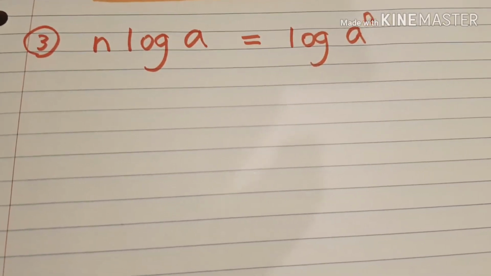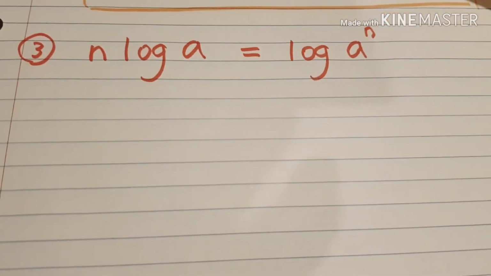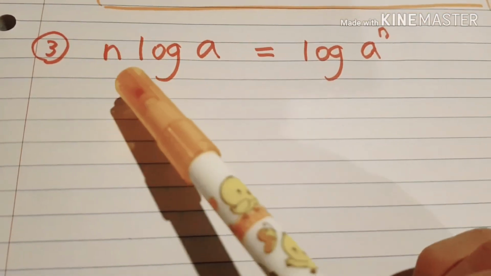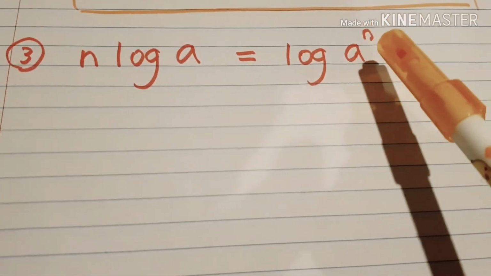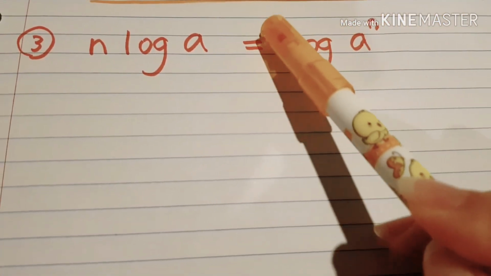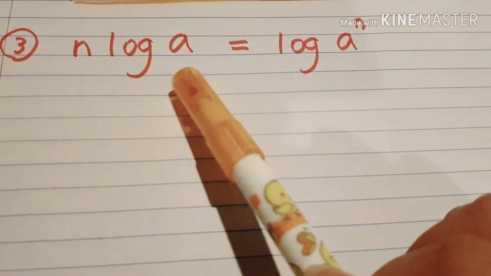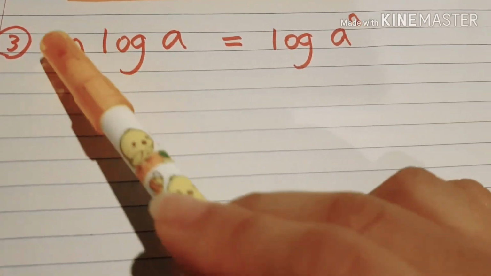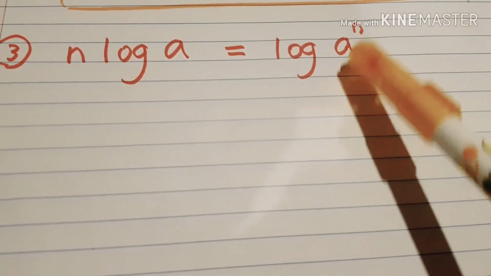This is the very last rule that we're going to cover today. If you have a look at this one, log a to the power of n, on the left hand side it's n times log a. If I have a power, then I can bring it down in front and multiply it. Vice versa, if I have a value multiplied in front of log, then I can pull it back as a power for a.